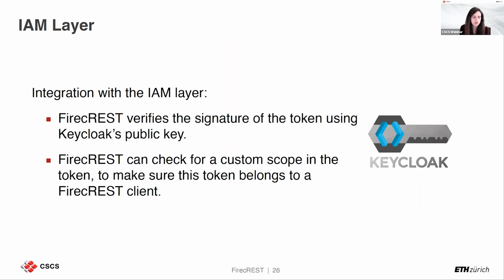The other thing that we check for is that the token will have a custom scope to make sure that this client was registered specifically as a FirecREST client and not any kind of Keycloak client on the machine.